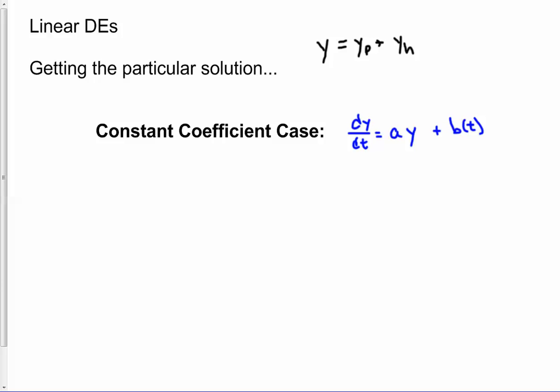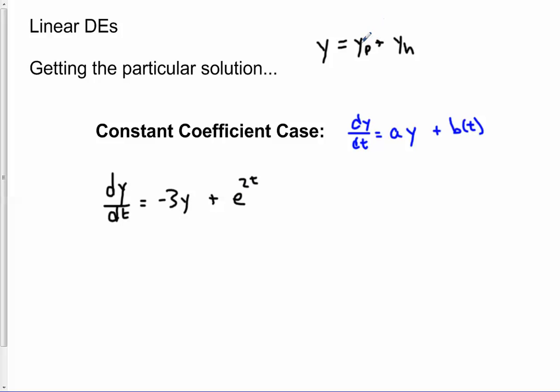Okay, so to explain how this works, I'm going to work an example. So let's say dy/dt equals negative 3y plus, and for my b of t, I'll put e to the 2t. All right, so remember, what we're looking for is any solution to this differential equation.